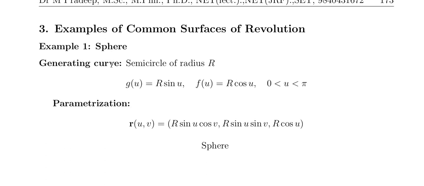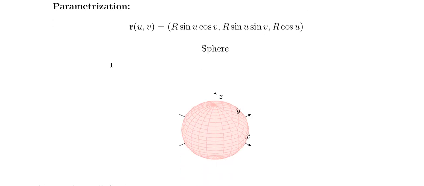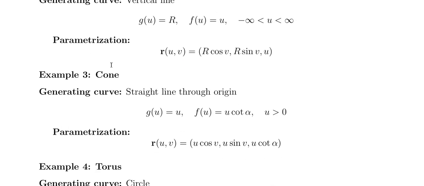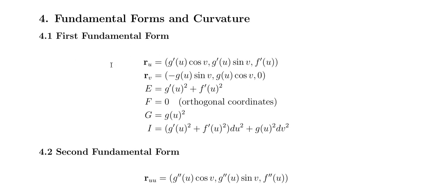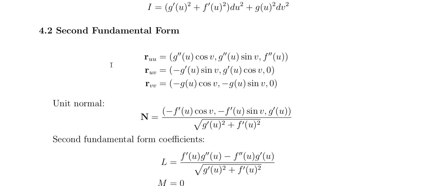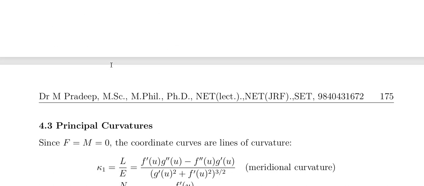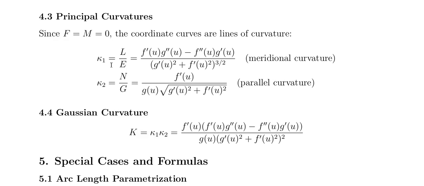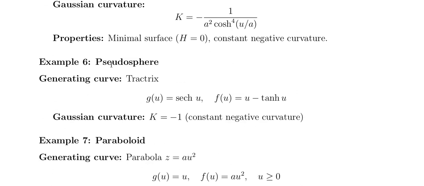And example பார்த்தீங்கன்னா for the sphere of radius r, g of u என்ன, f of u என்ன, அதனுடைய parametric form என்ன, cylinder-க்கு parametric form என்ன, cone. Maximum sphere, cylinder and circle தெரிஞ்சுக்கணும். இதனுடைய first fundamental form and second fundamental form, LMN and EFG இரண்டுத்துலையும் எழுதணும். Principal curvature kappa 1 equal to L by E போட்டு எழுதணும்.